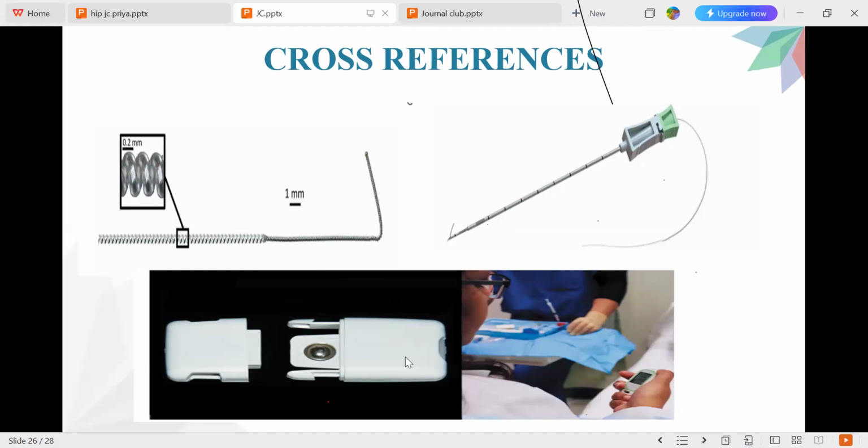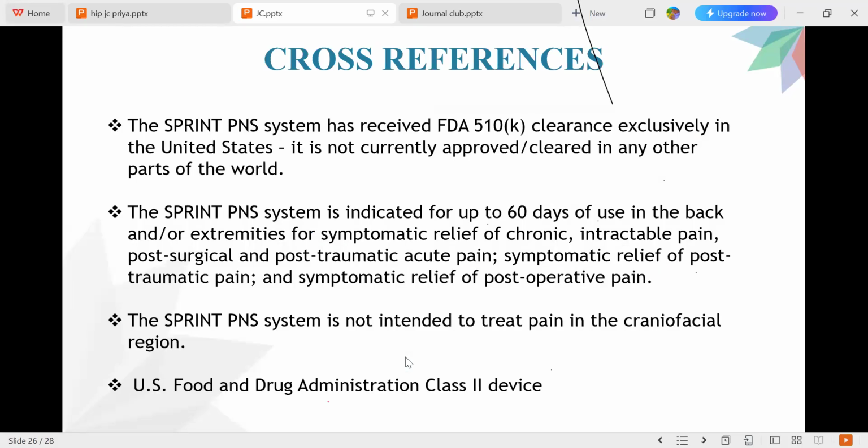And the third one is the external pulse generator, which is battery operated and can be adjusted according to the needs of the patient by the operator. So this is one other device which has been approved by FDA for acute postoperative pain management only in the USA.